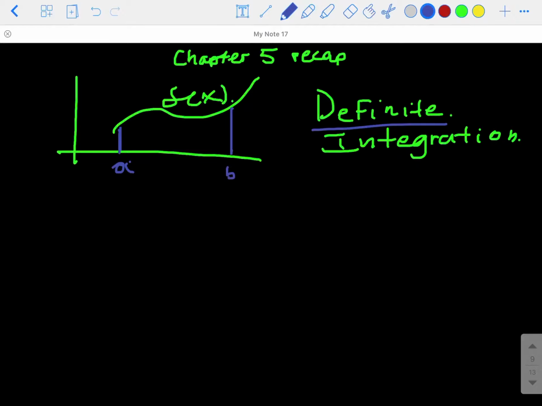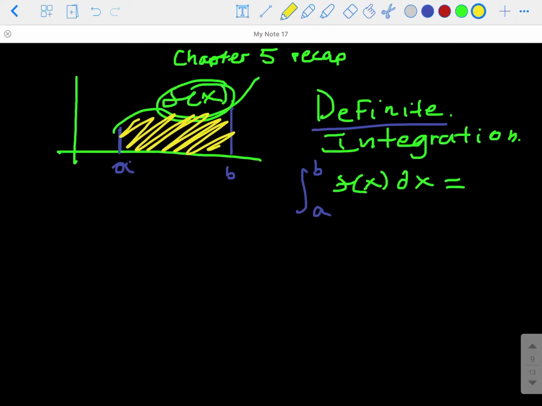So we can consider this to be b. So the specific definition of integration is that you have a lower bound a up to b of some random function, but usually the functions are given to you, f of x dx, and then you're just applying the rules of integration to find out how much area is under the curve.